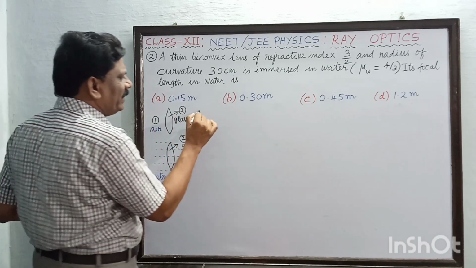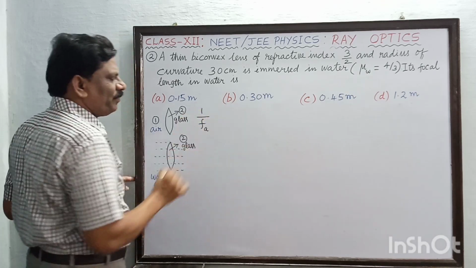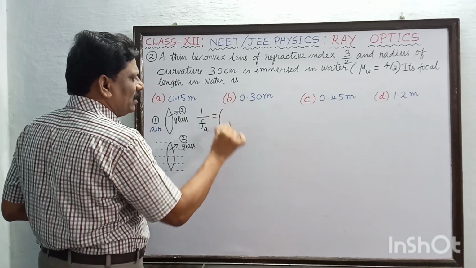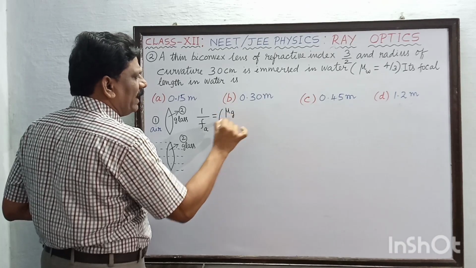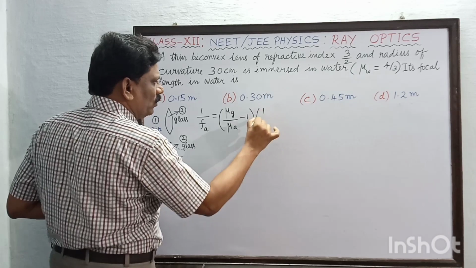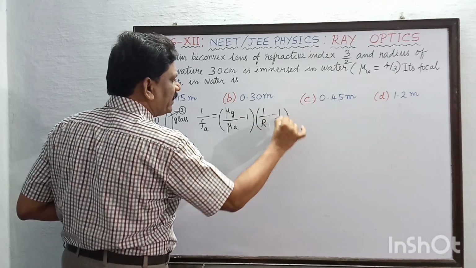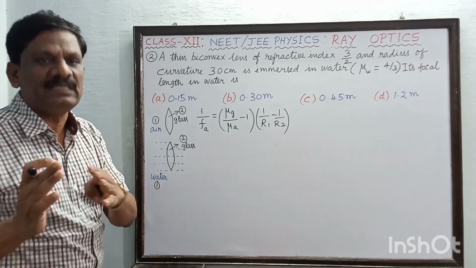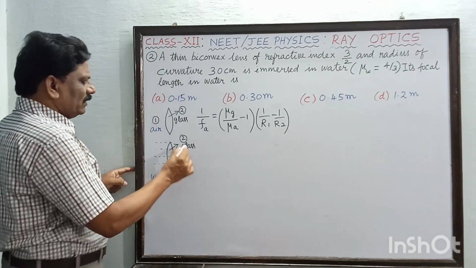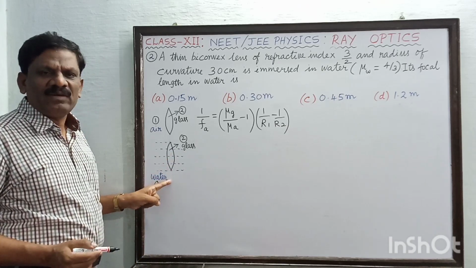For this, the lens maker's formula, if I write, 1 by F air is equal to mu2, that is mu glass divided by mu air, minus 1, into 1 by R1 minus 1 by R2. So this is the expression when the lens is kept in air. Now what will happen when the convex lens is immersed inside water?